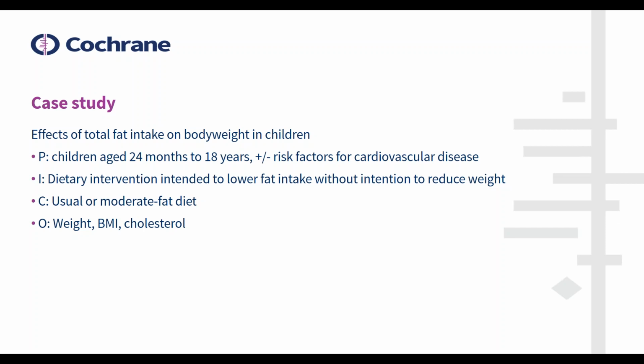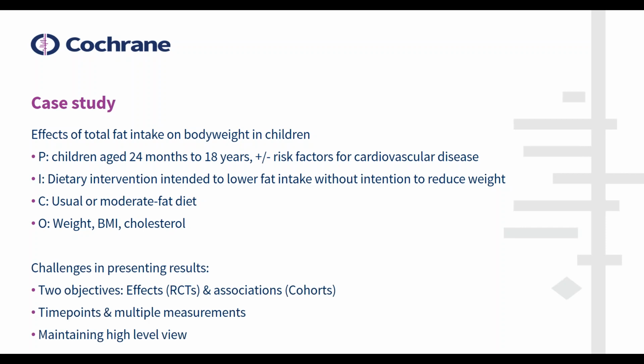It was a question we had to work our way through centrally to really understand. And the control was usual or a moderate fat diet, and the outcomes were measures of weight and blood lipids or cholesterol.